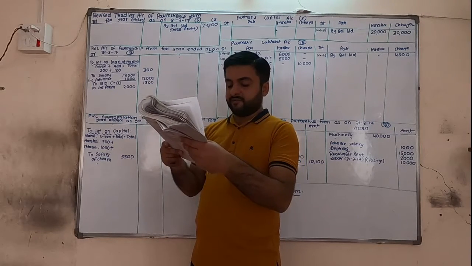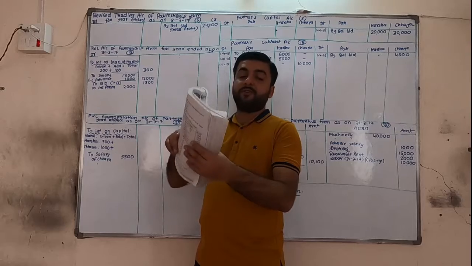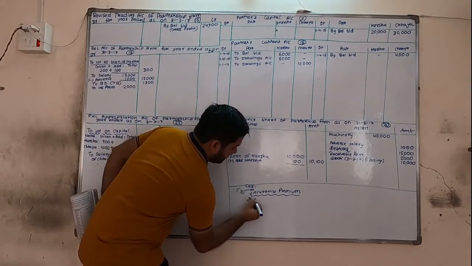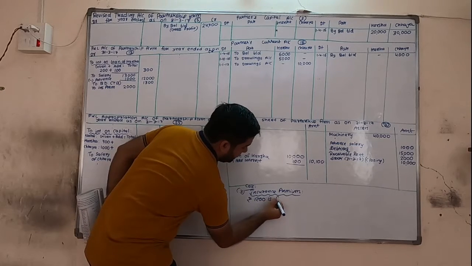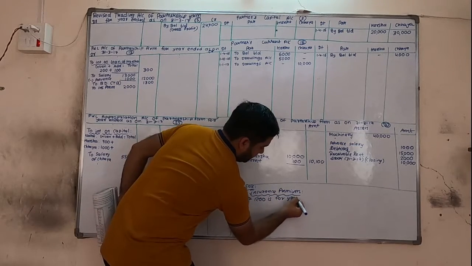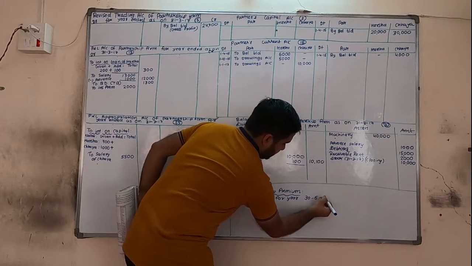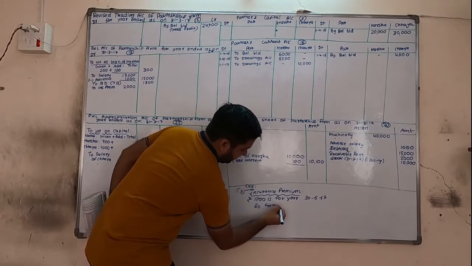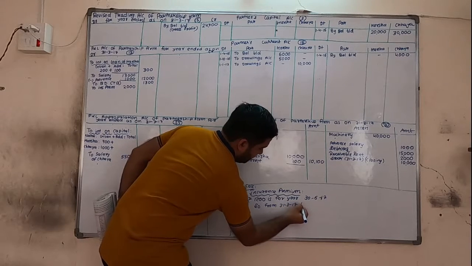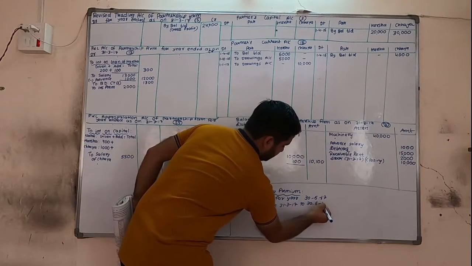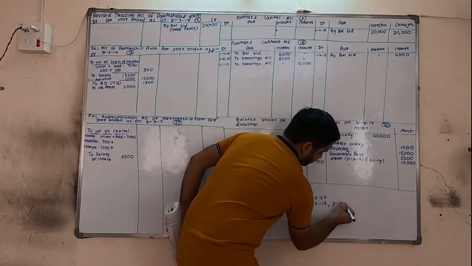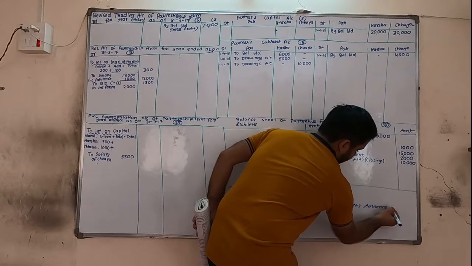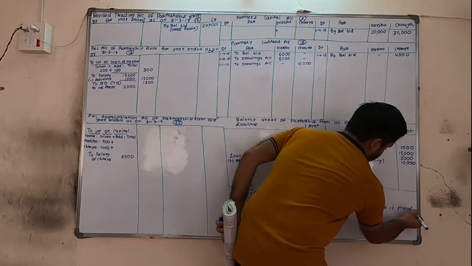Now what they are telling, out of which 1,200 is for the year ending 30th June. Rupees 1,200 is for the year from 31st March to 30th June, 3 months advance is paid.